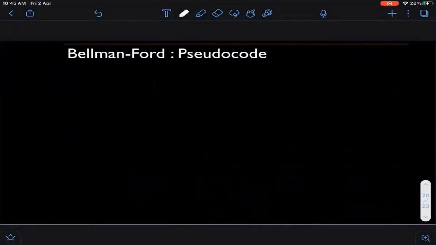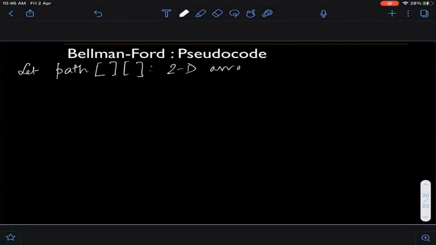Again, it's just a matter of writing a couple of for loops, but let's do it nonetheless. Let path I be a two-dimensional array. So what is the size of this array?